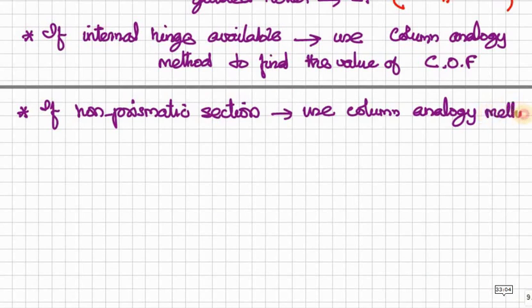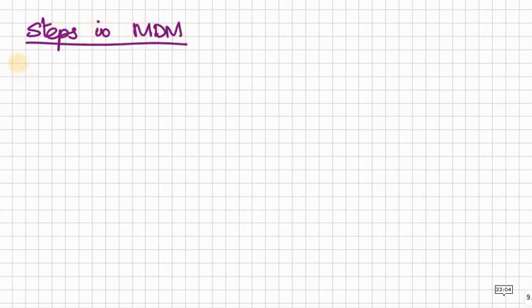Now we will see the steps involved in the moment distribution method while solving a problem. First step is to find out fixed end moments, considering each span separately.